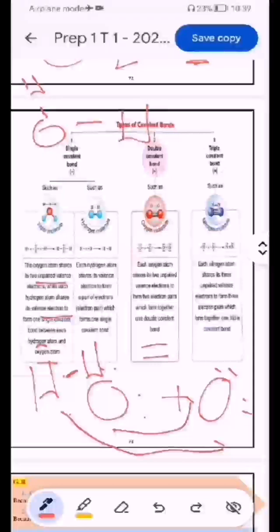The last type is called triple covalent bond, which occurs between a nitrogen atom and another nitrogen atom. In the nitrogen molecule, each nitrogen atom shares its three unpaired valence electrons to form three electron pairs, which together form one triple covalent bond.